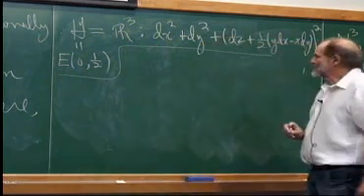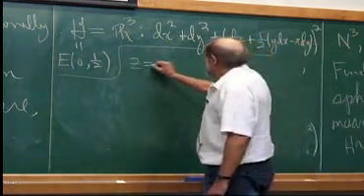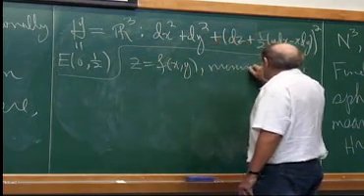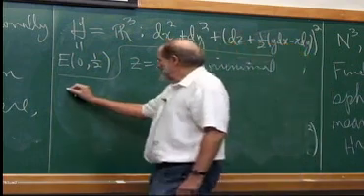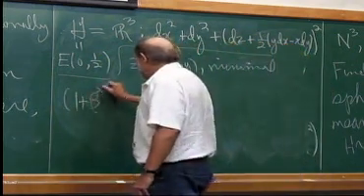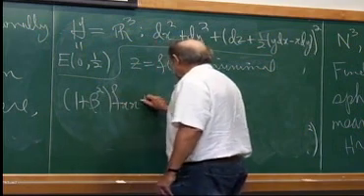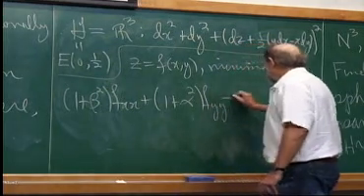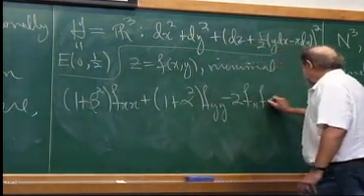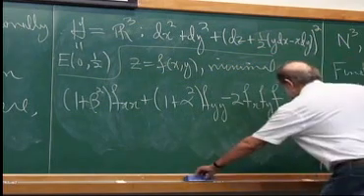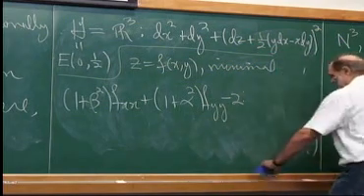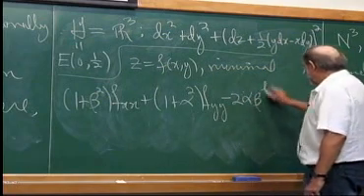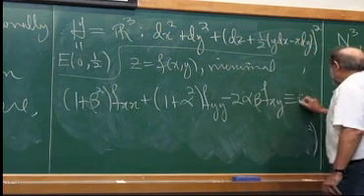If you look at the minimal surface equation for graphs, z equals f of xy in this coordinate system, the equation one gets is (1 plus beta squared) f_xx plus (1 plus alpha squared) f_yy minus 2 alpha beta f_xy, identically 0.